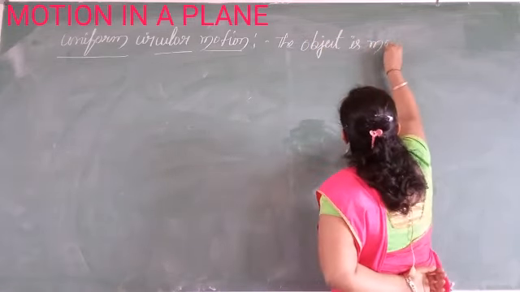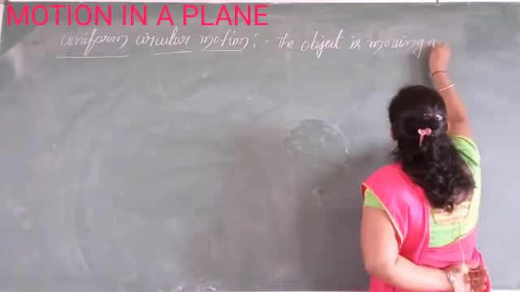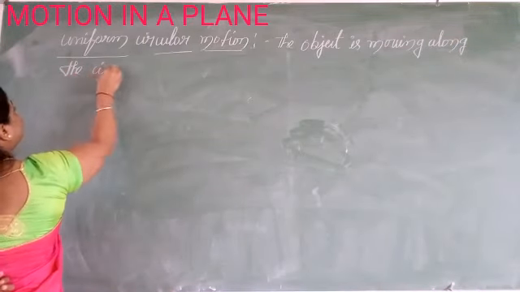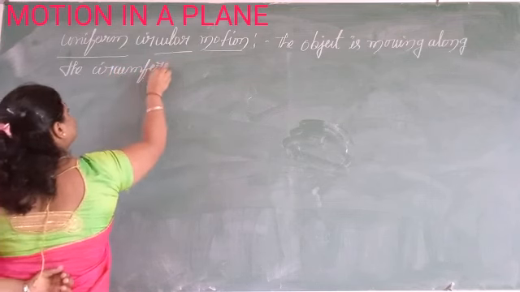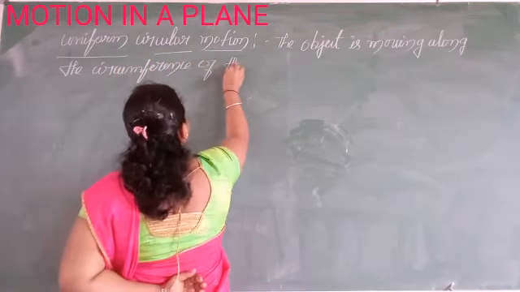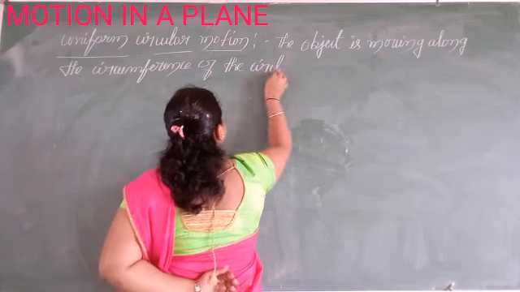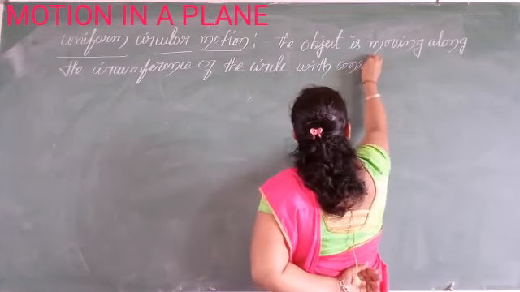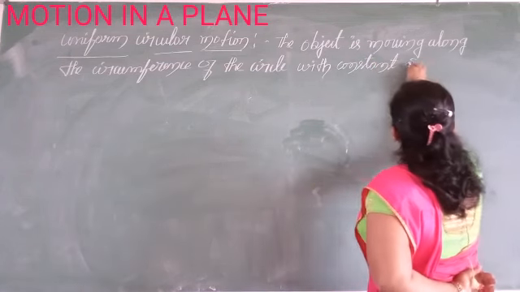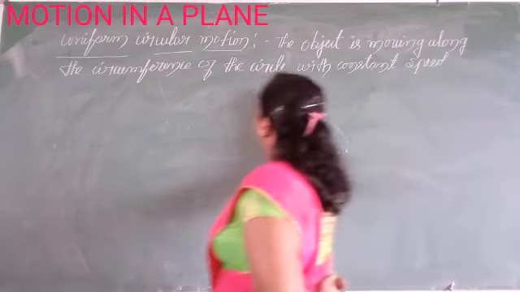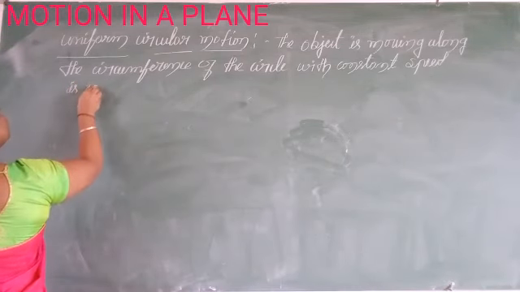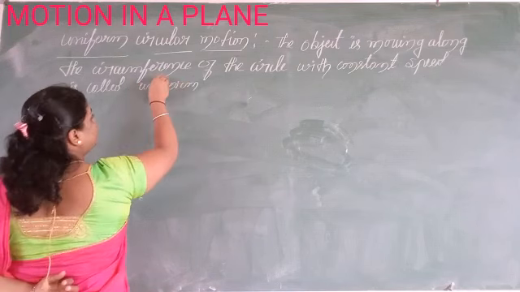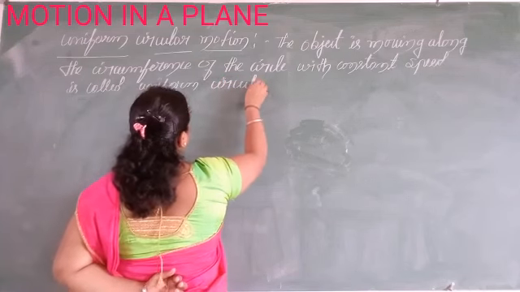The object is moving along the circumference of the circle with constant speed, which is called uniform circular motion.